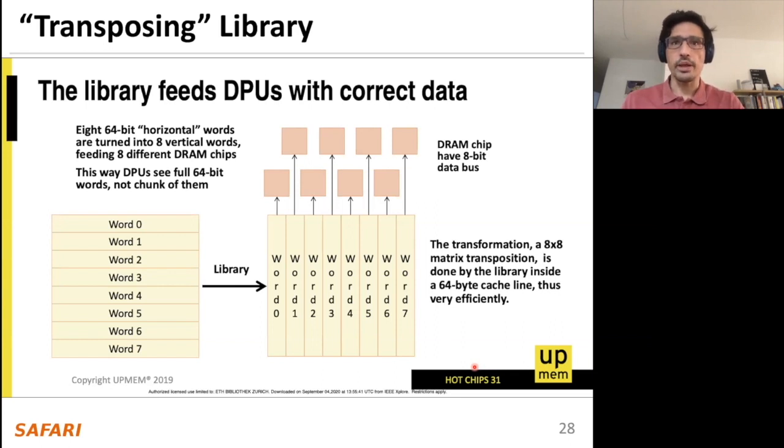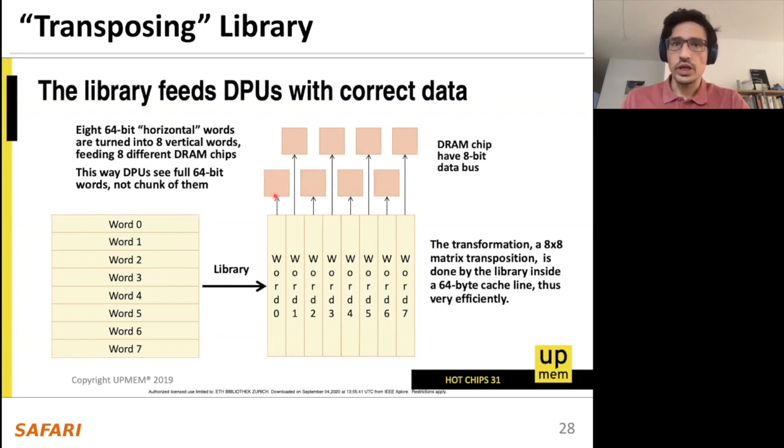So it might happen that one word or two consecutive words are mapped on two or more consecutive chips. And this is not really desirable in the UPMEM PIM system, because in each of the chips we have a processor, and this processor is only able to access data that is inside its own DRAM chip, right?